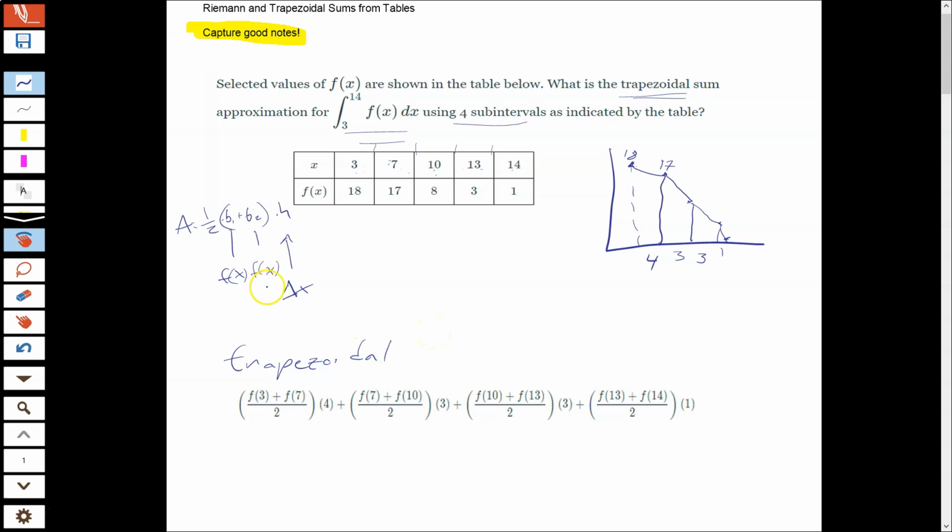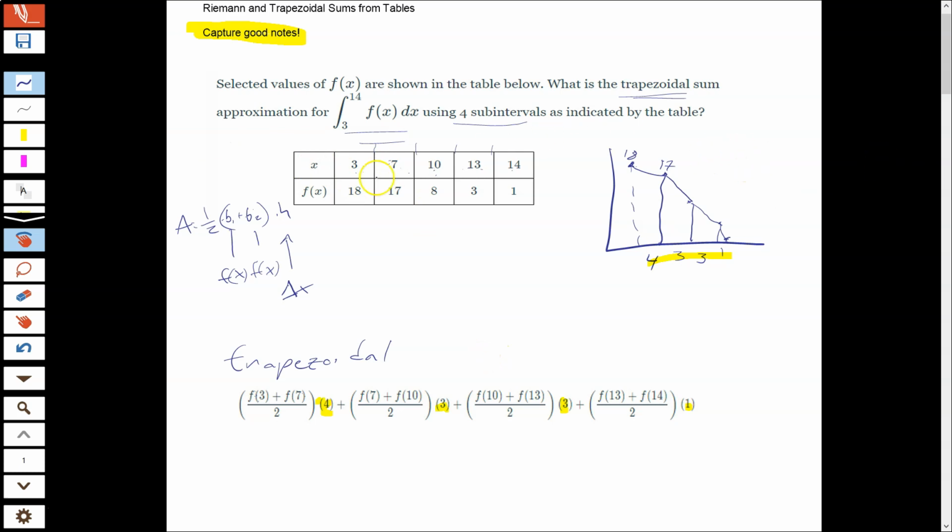These are the 2 bases of my trapezoid, in this case 18 and 17. Over 2 is the same as saying times 1/2. Times 4 is that change that we saw. Notice these guys, 4, 3, 3, 1, are the changes on the x-axis, and each of these are going to be the y's of the points.